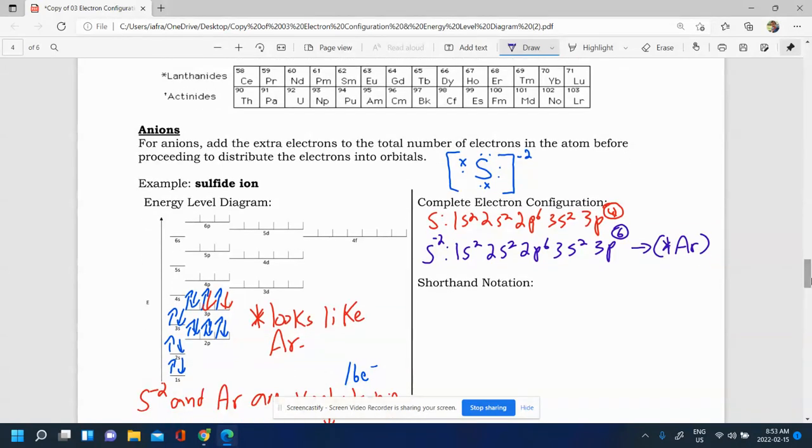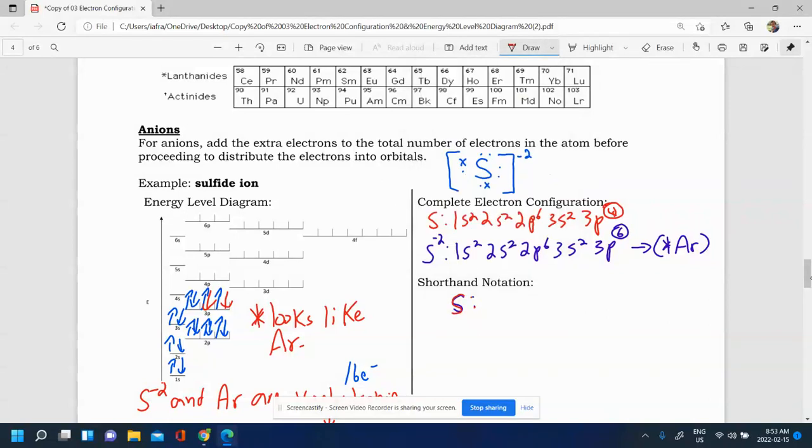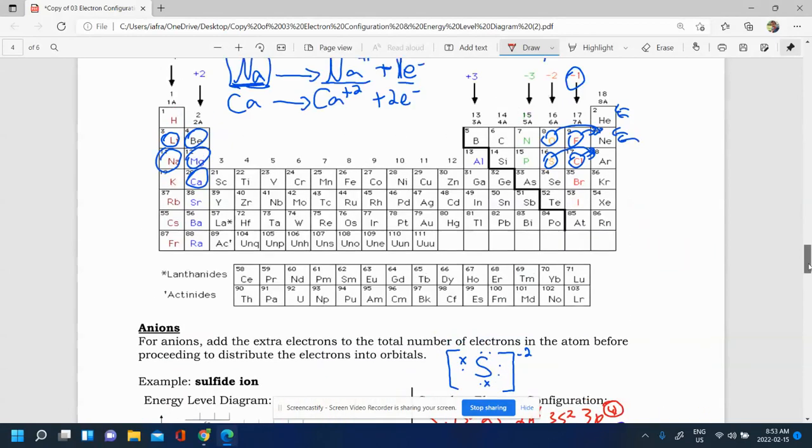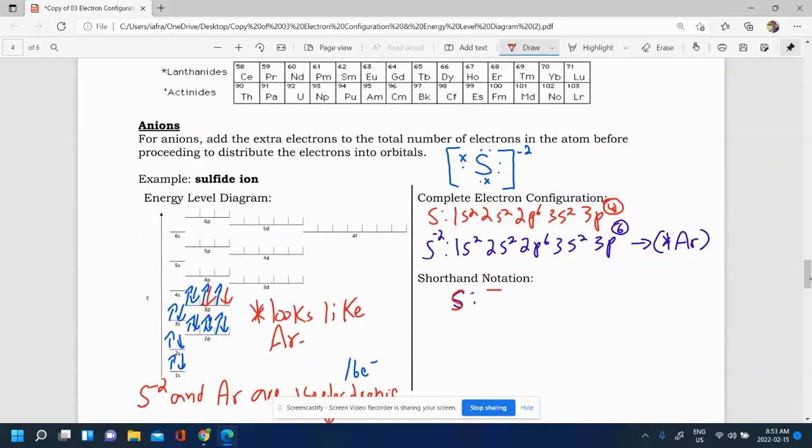And for shorthand, so let's say for sulfur, let's do the same color so we don't get confused. So for sulfur shorthand, I want to go to the previous noble gas for sulfur, which was neon. So neon ends at 2p6.